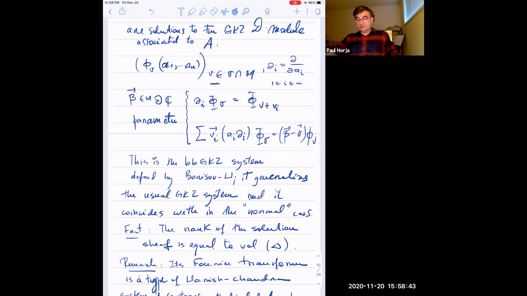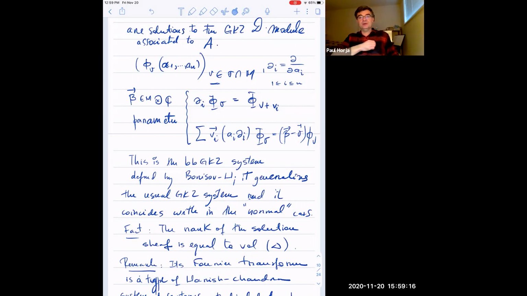I wrote here a version of this D-module that I defined with Borisov, and we believe that, not that we're trying to be diplomatic here, but at least for mirror symmetry, this sort of D-module is better behaved in the sense that it is functorial, and the sheaf of solutions has the right dimension.